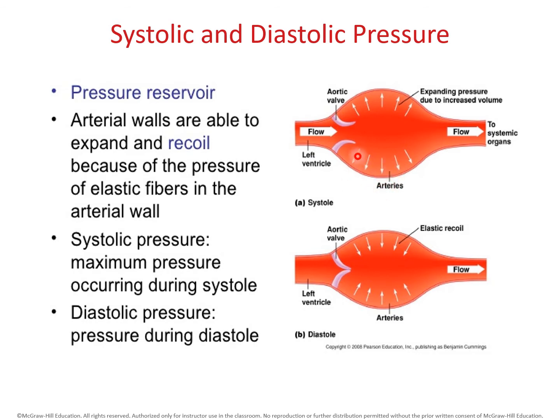Now, the systolic pressure refers to the maximum pressure during the period of contraction, and diastolic pressure refers to the lowest pressure during the period of diastole or relaxation. So systole refers to contraction and diastole refers to relaxation. Okay, so let's first look at what's happening in diastole.